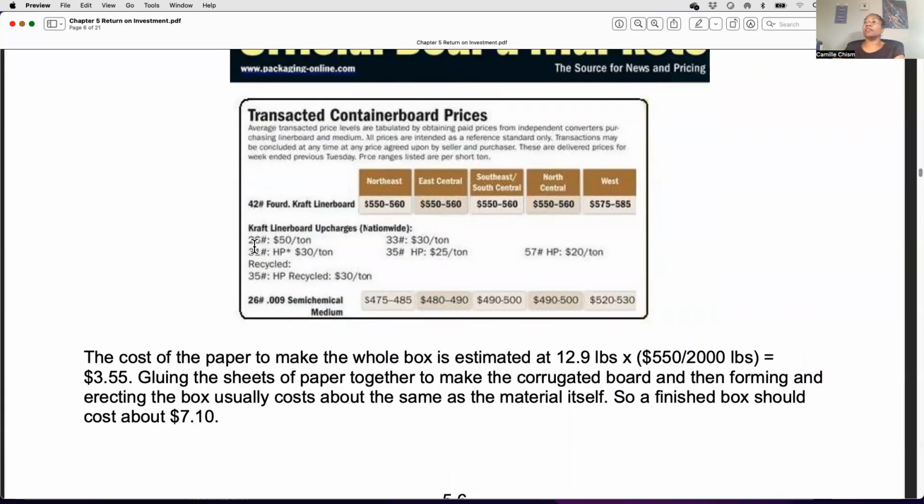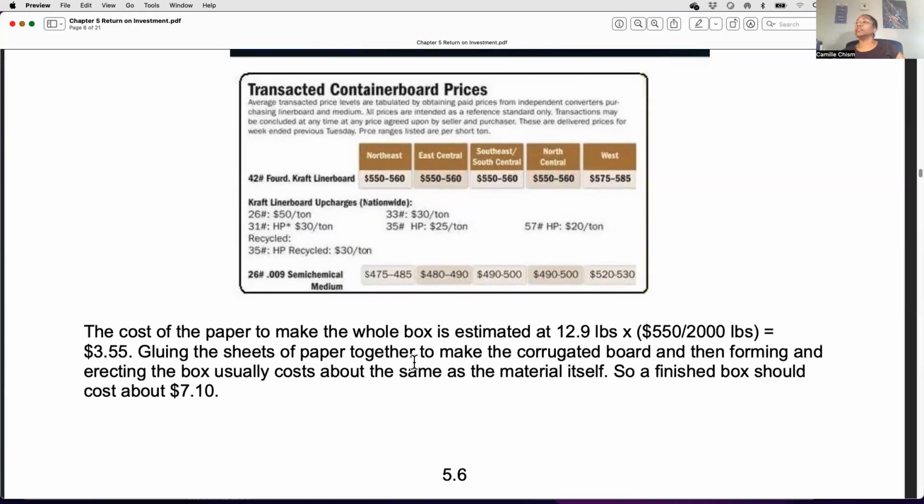Because again, this is listing types of board, liner boards, and the mediums. So this is just listing the price of the material. This isn't talking about gluing these together, or all the forming equipment that you run, the labor, any of that stuff. It's not included.